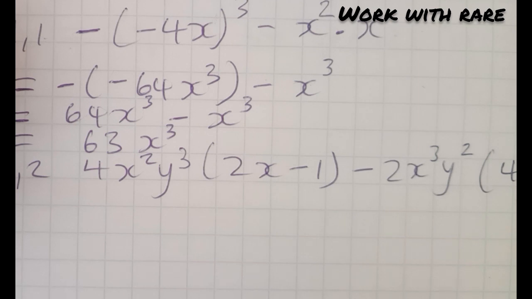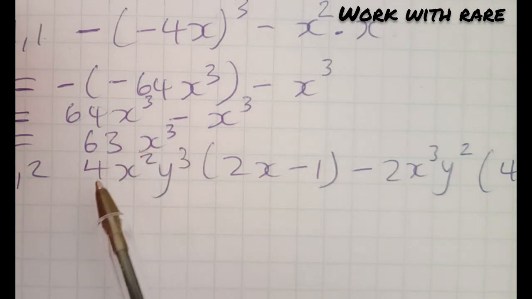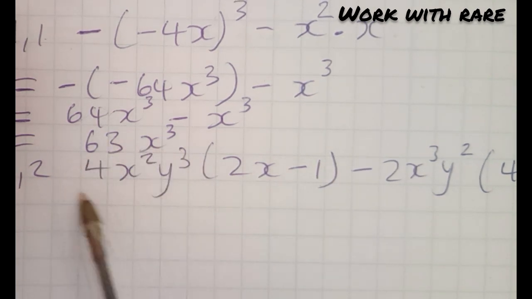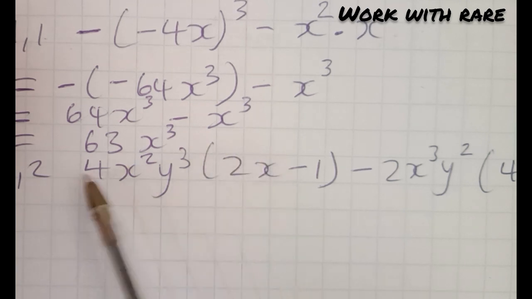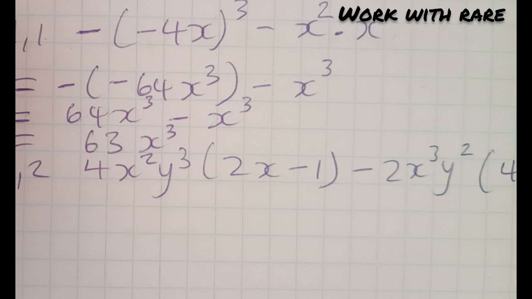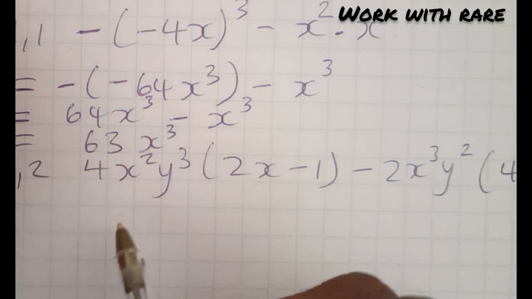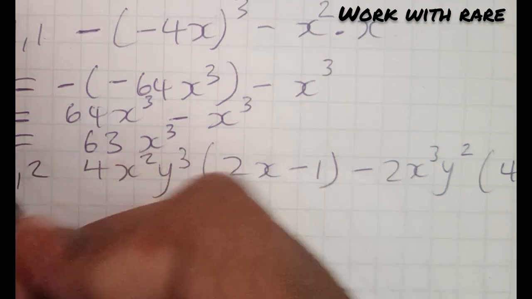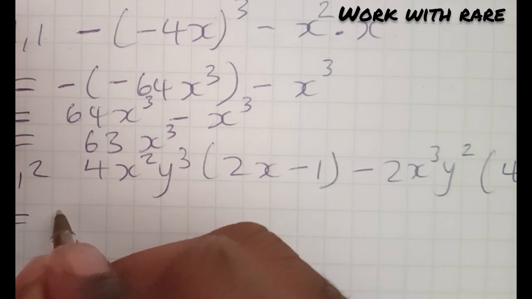Okay, so now it's time to break the brackets. Okay, so I have 1 here. So I'll say everything here multiplied by this part, and everything here multiplied by this part. Okay, so 4 multiplied by 2, it's 8. So we'll have 8x.